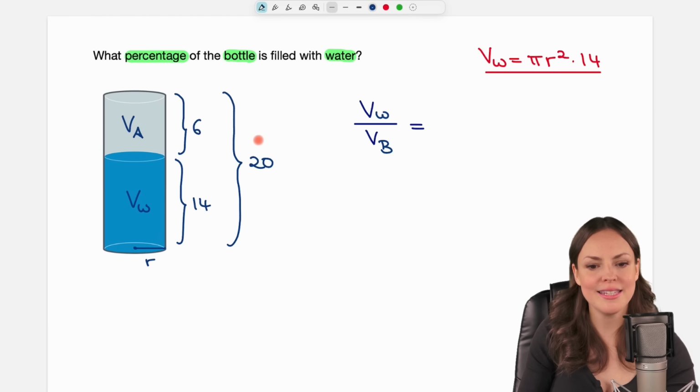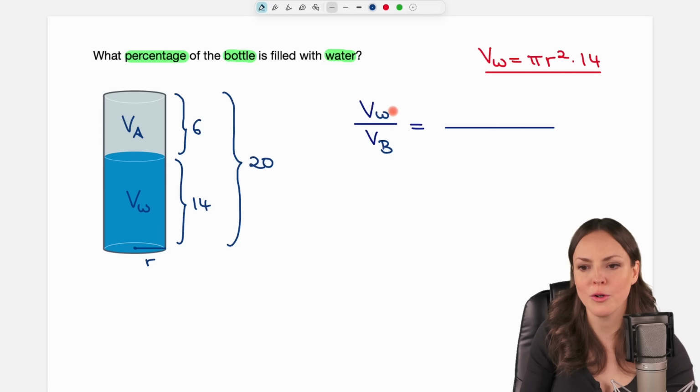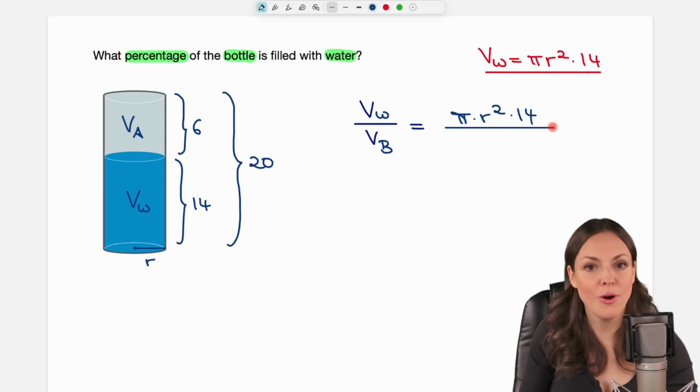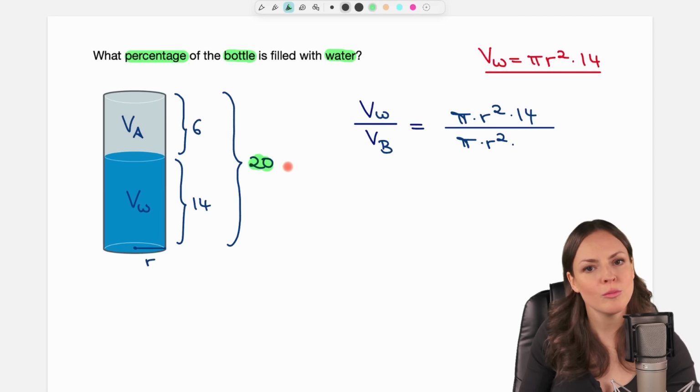And now, with this information, we can go back to our ratio. We already had the volume of our water, with this formula. And now we can find the volume of the bottle, this big cylinder, by using the same formula. We need the area of this circle, which is pi times r squared, and we multiply it by the height of the cylinder, which was 20.